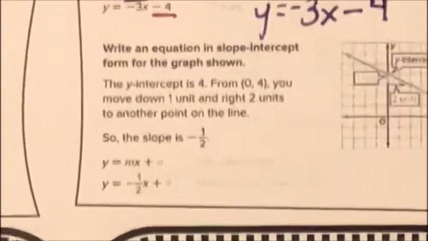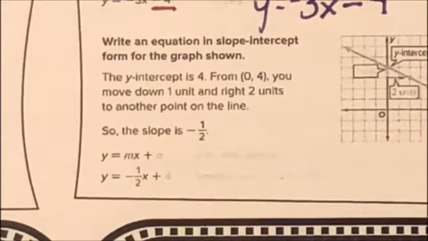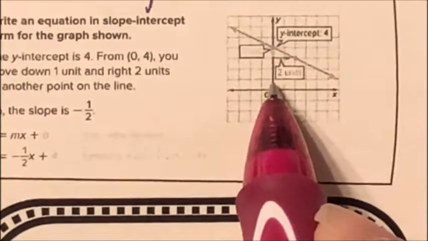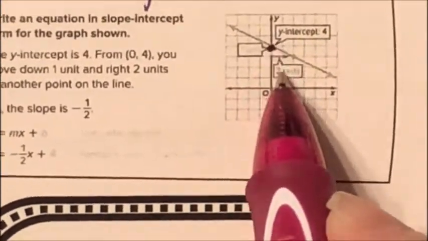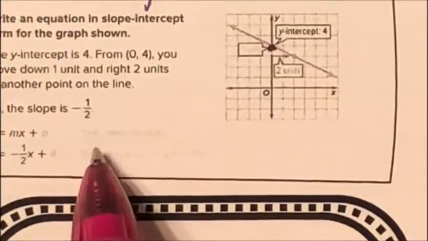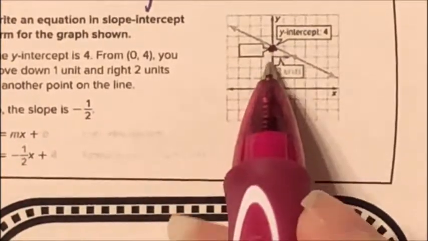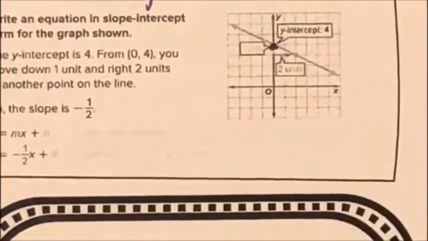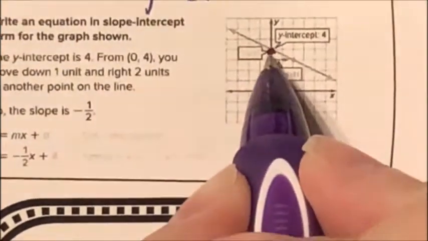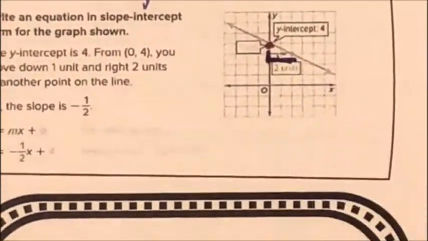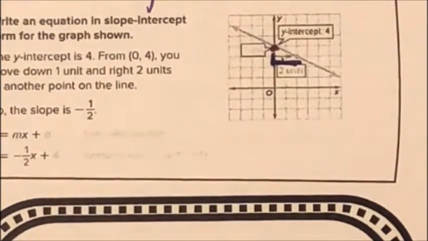Okay. My last example is to write an equation in slope-intercept form for the graph shown. The y-intercept is 4. Okay, so here's my graph. Okay, so I can look at it. This is where it crosses, and that's at 4. So that's my y-intercept. Okay, so my y-intercept is 4. And then I can move down 1 and over 2, to get my slope.